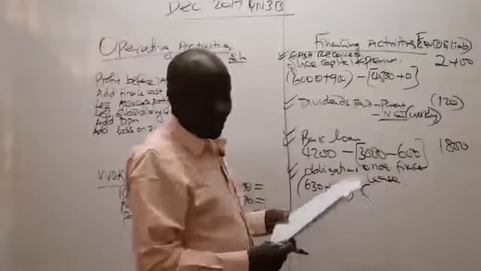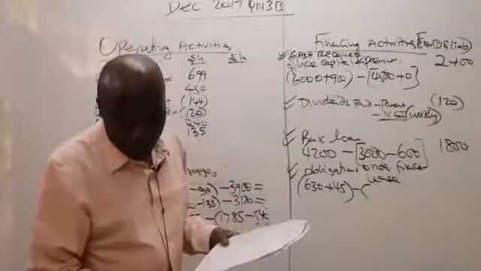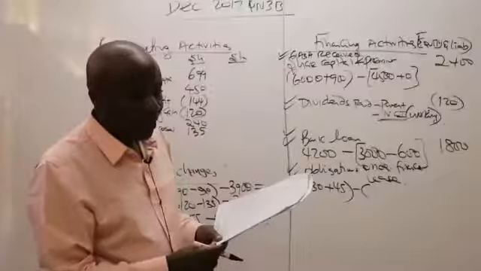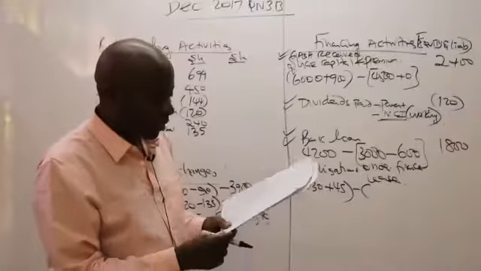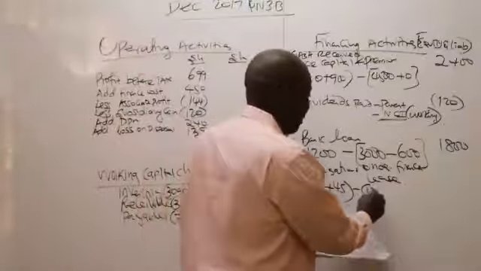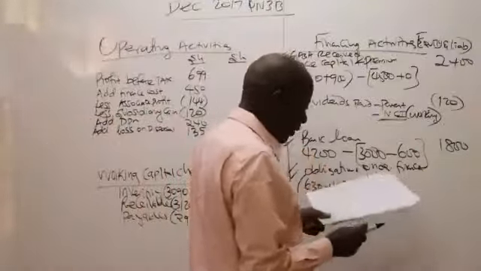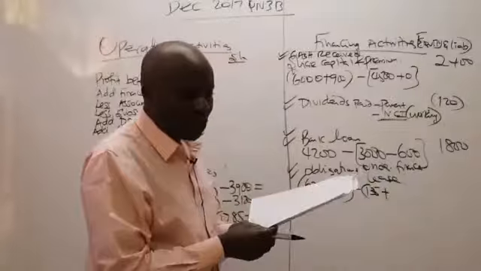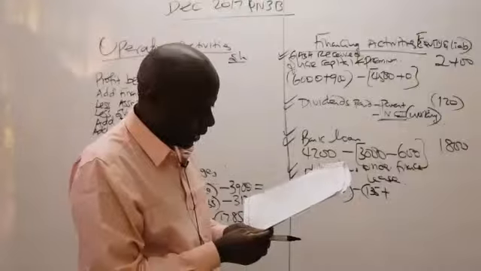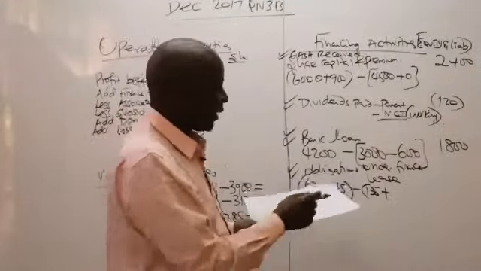Minus opening. So the opening, what are you able to see there under opening? Opening, we have 135. So 135 plus 30.